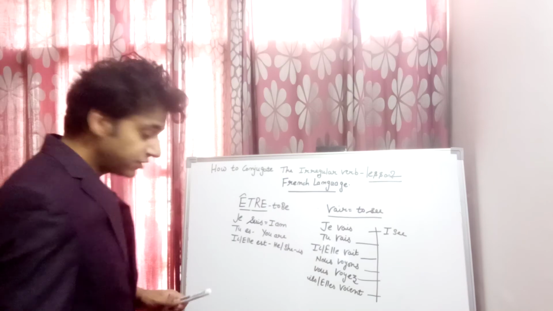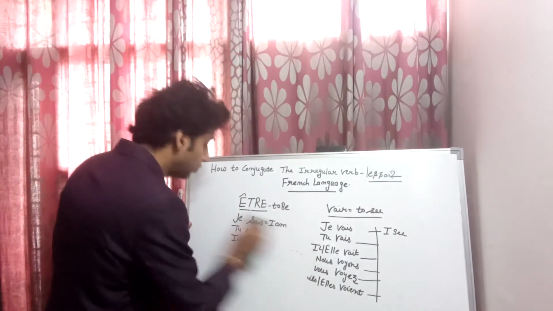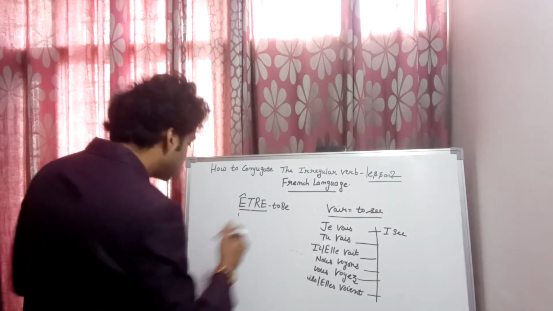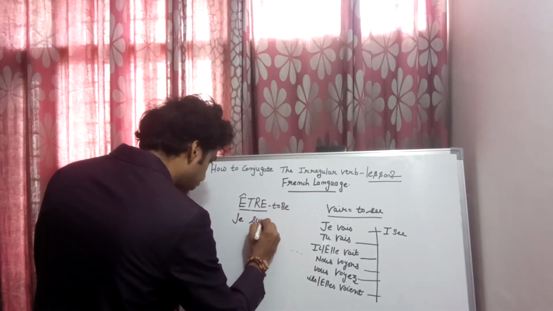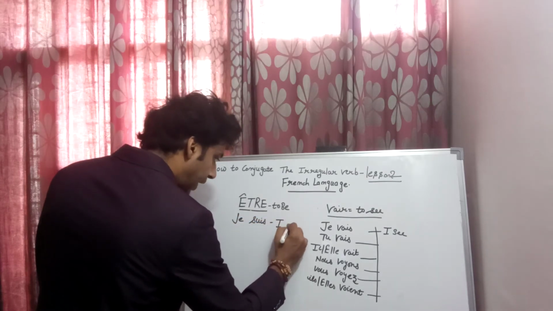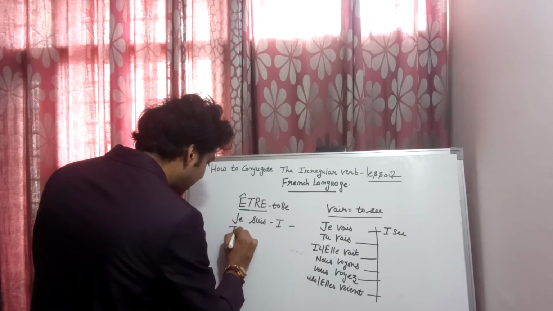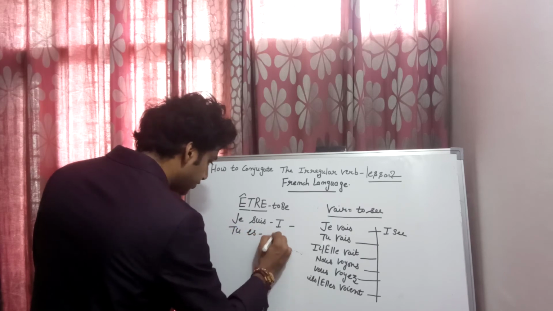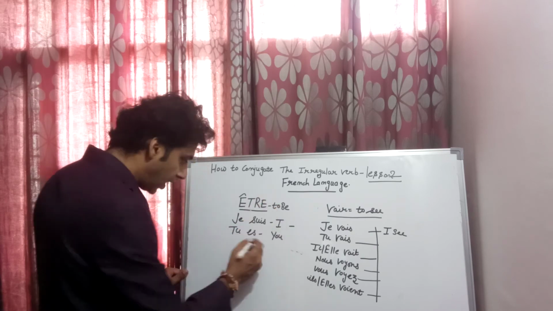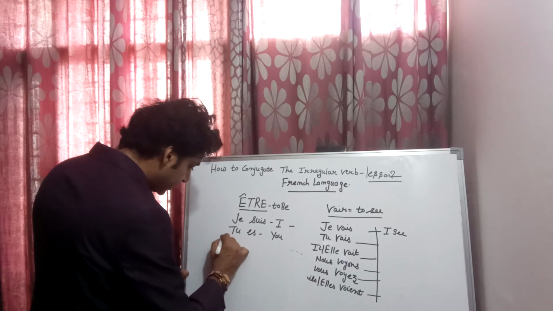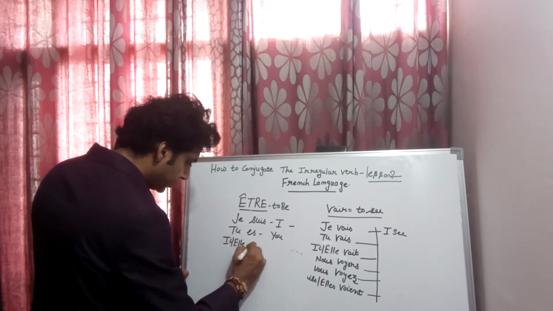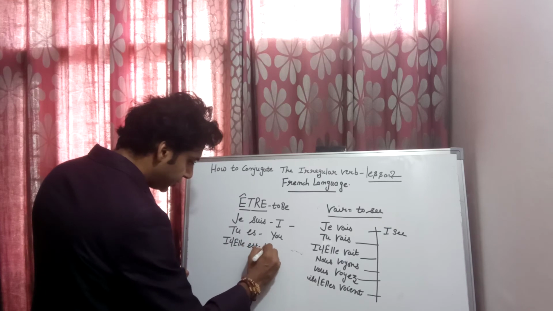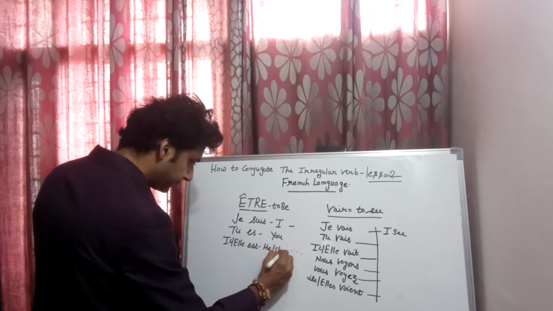The same in French language. We have a different ending. So we have je suis is to I am. Tu es is to you are. Il, elle est is to he is, she is.